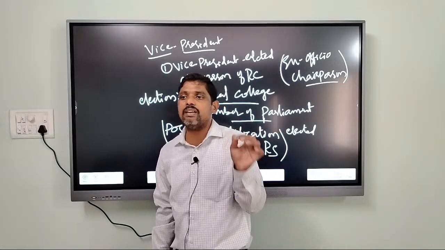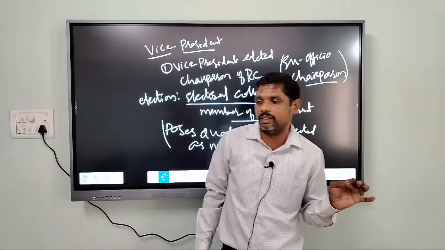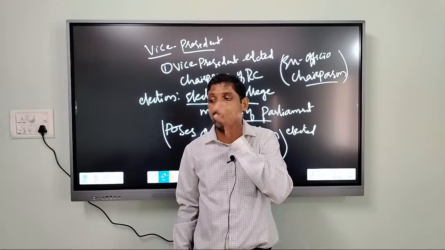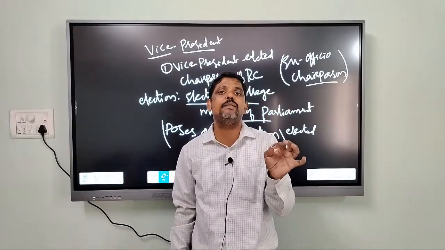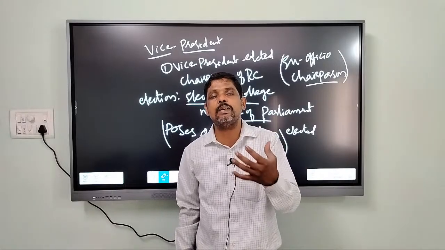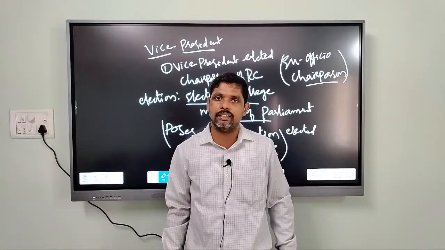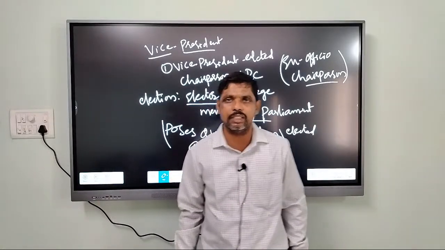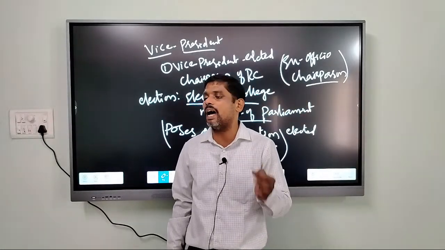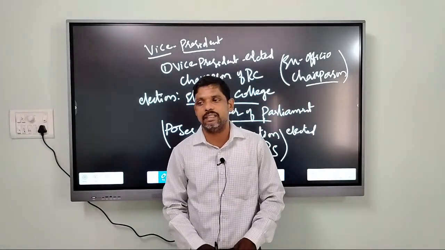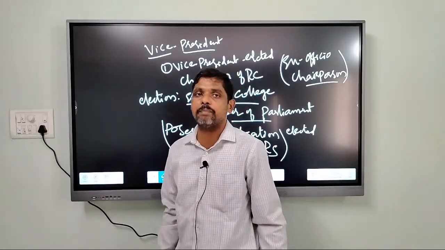So in case of temporary vacancy in the office of President of India, the Vice President will act as acting President. In case of death or resignation, until a new President is elected, it is the Vice President who will act as acting President.